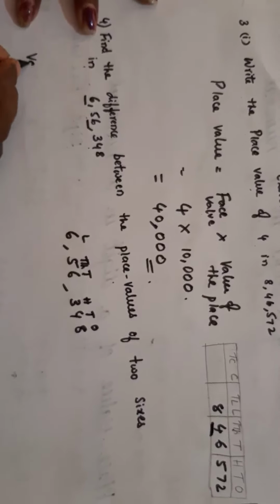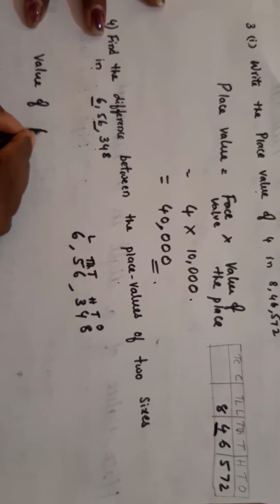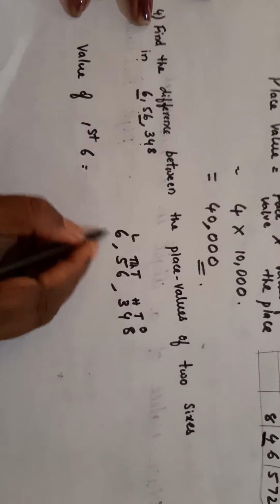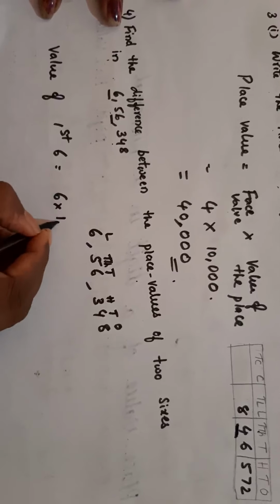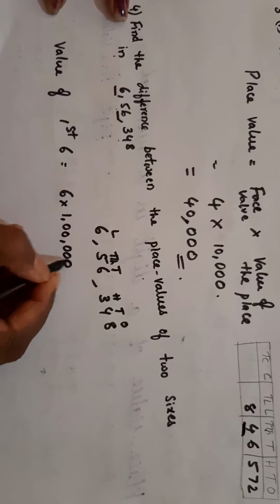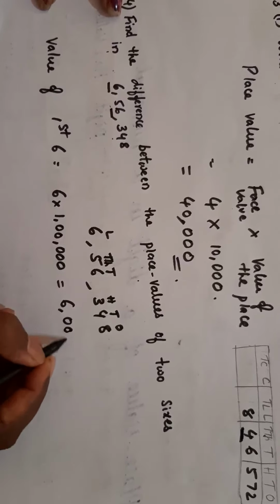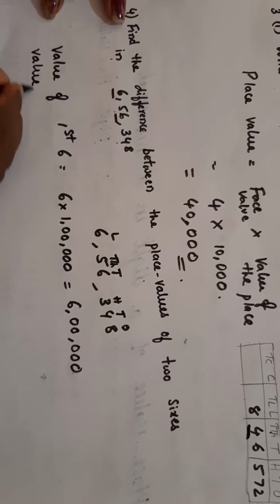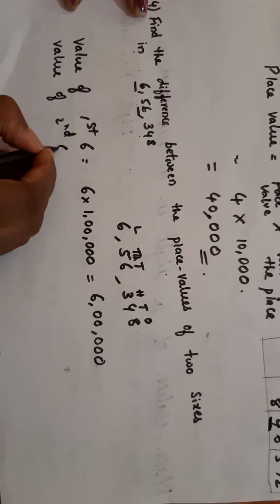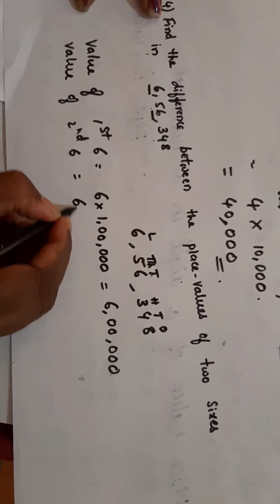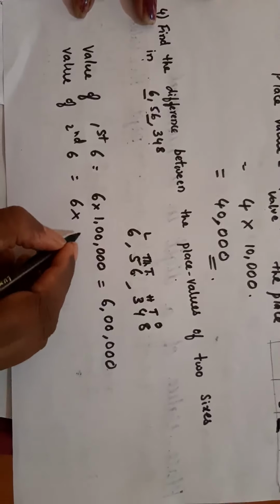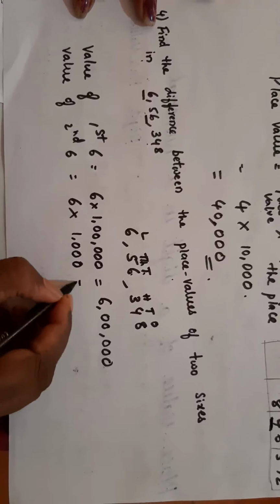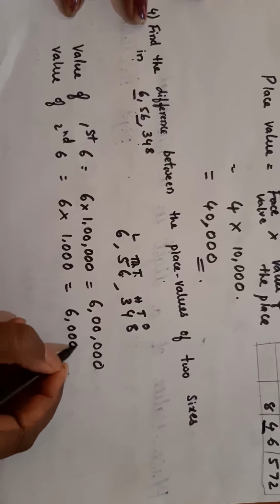Value of the first 6 is 6 into 1 lakh, means 6 lakhs. Value of the second 6 is 6 into 1,000, 6,000.